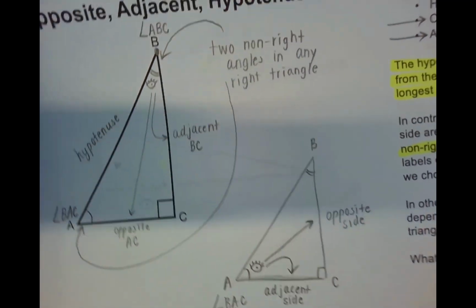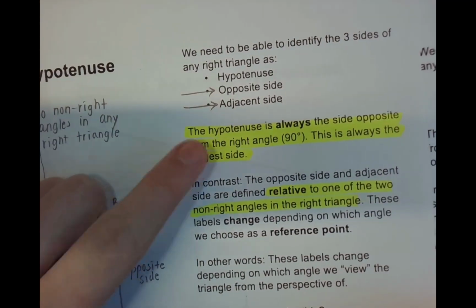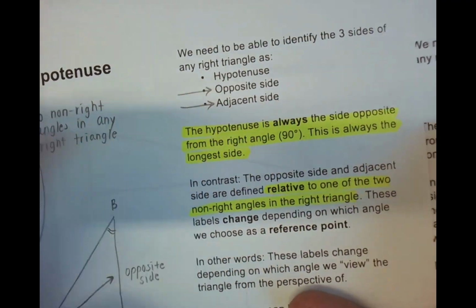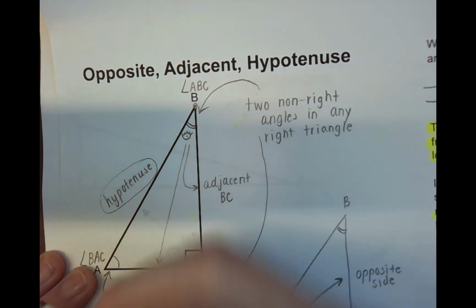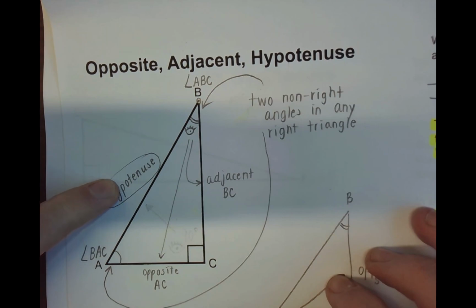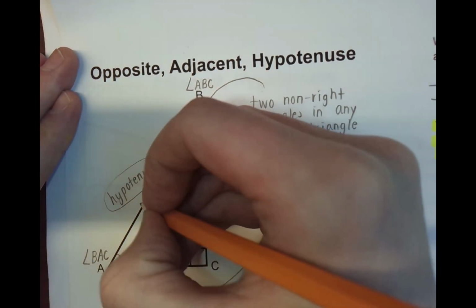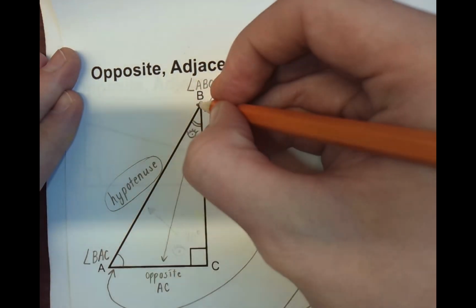So that's what I'm trying to explain here: the hypotenuse is always going to be this side, no questions asked. It's always going to be that side, which is opposite to the right angle, the longest side.